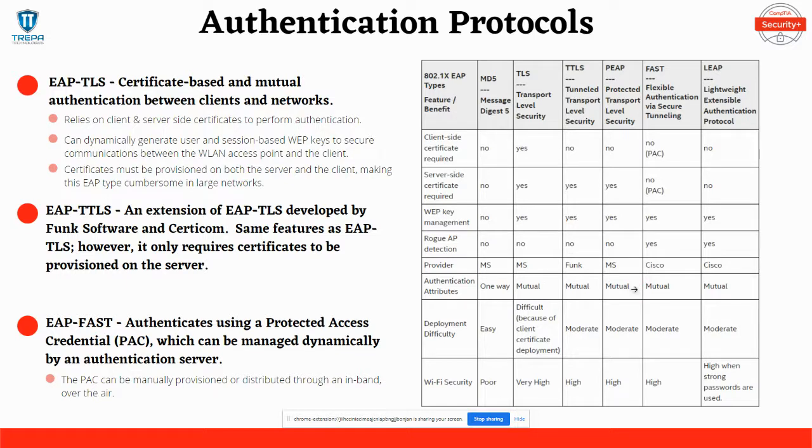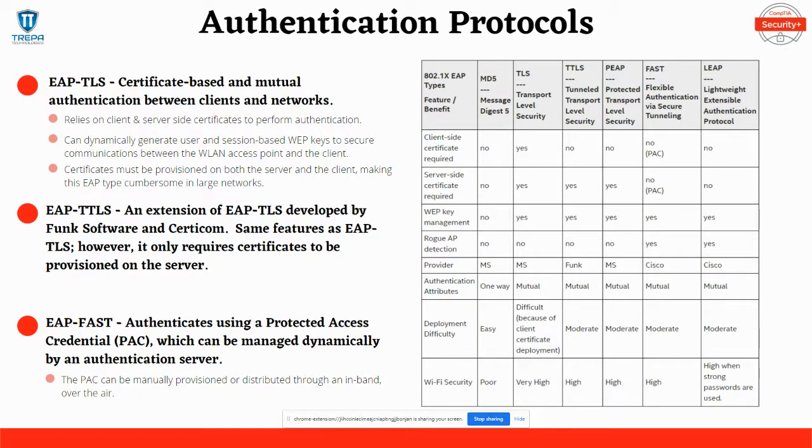All right, let's get into some EAP authentication protocols. EAP-TLS is a certificate-based and mutual authentication protocol between clients and networks. EAP-TLS relies on certificates between clients and servers to provide authentication. EAP-TTLS is the same as EAP-TLS with one difference: the certificates only have to be on the server side.